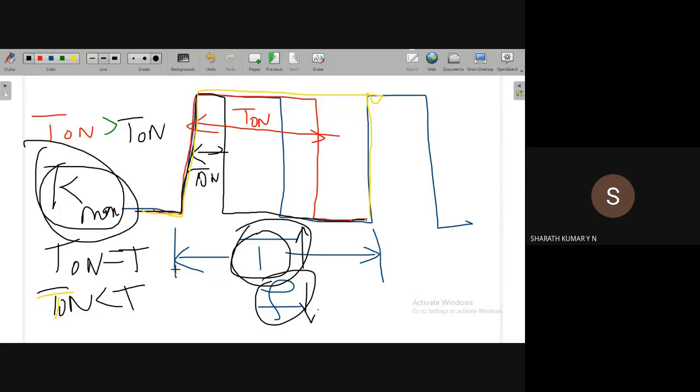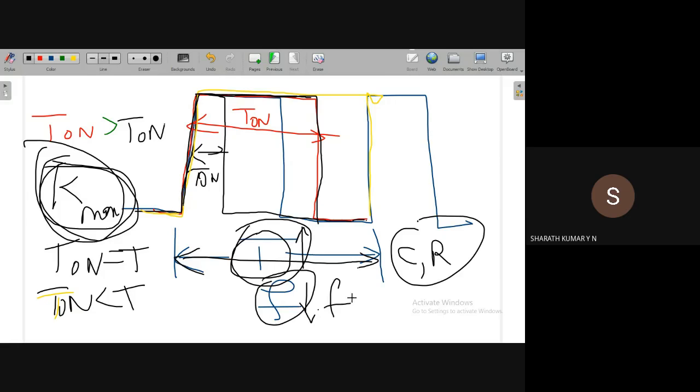That means for the maximum time period that we can obtain from the output of the Schmitt trigger circuit, what is the maximum duty cycle possible? What is the maximum on period possible? For that maximum on period possible, we have to design the value of capacitors and resistors. The reason for that is, if the frequency is larger, the time period will become smaller.